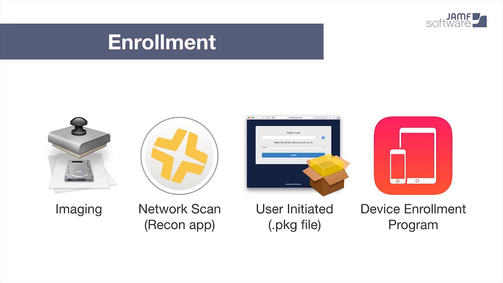Or you can do a network scan, where you scan a range of IP addresses to find Macs that are unmanaged. And we have an app for that called Recon, which is part of the suite. Users can also enroll themselves via a URL, where they just visit the URL, log in, and download a package file, which enrolls the Mac.